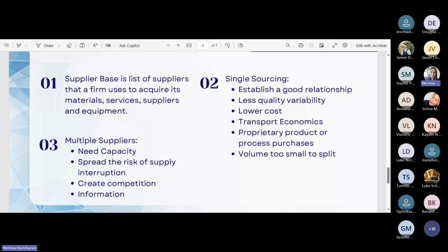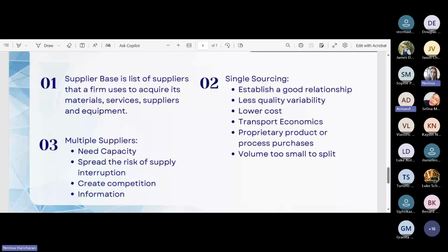So strategic sourcing is a very important component from a supply chain management perspective, because it allows a business to develop and grow. You are as good as what your suppliers give you. If you get bad service from your supplier, you're going to give bad service to your customer at the end of the day.